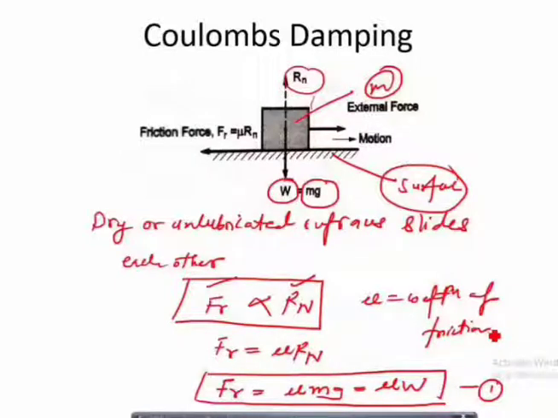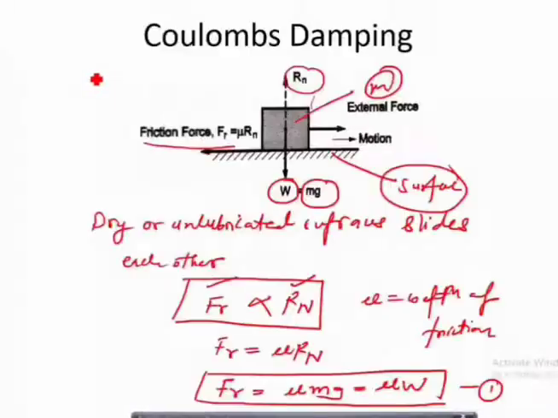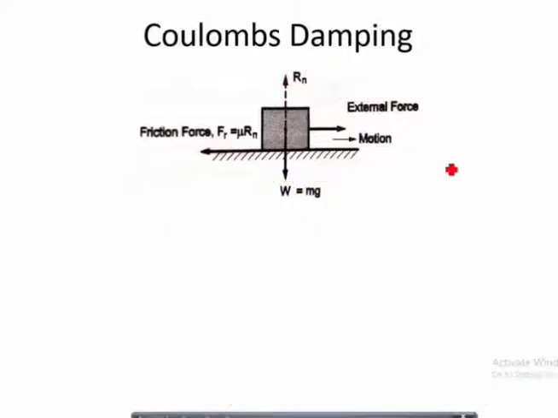Now once you have understood the basic principles of Coulomb damping, let's understand some deeper concepts. Now what is this frictional force Fr? This Fr is always opposite to the motion of the body. For example, let us say this is the direction of the motion, as you can see in the picture.